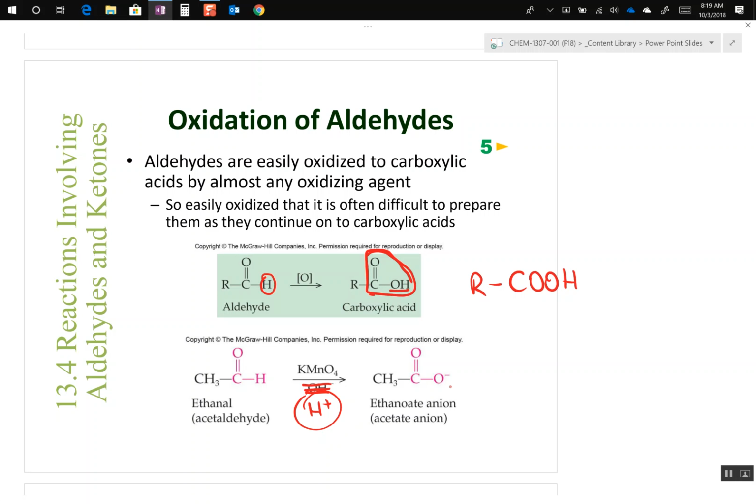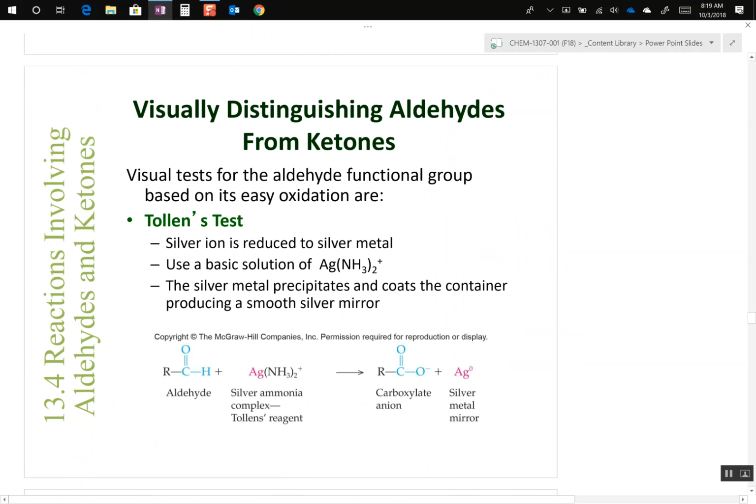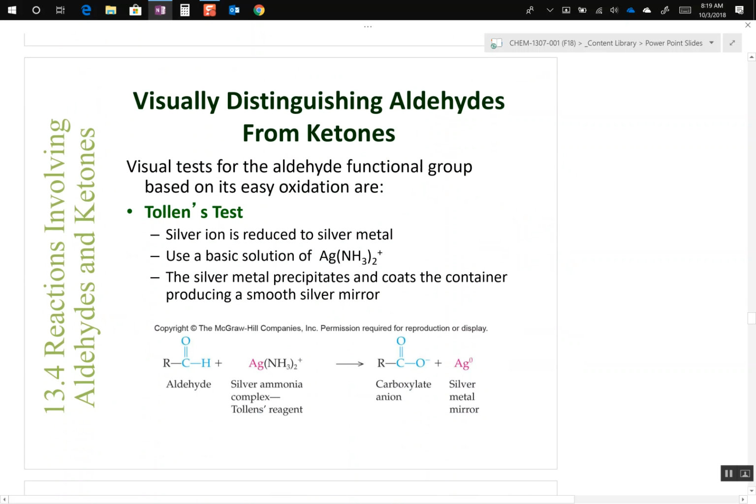We'll talk about that later. But that's a strange example. But that's what it's going to go to, right? This would be ethanoic acid, 2 carbons. It's an oic. Ic is how you end the name of an acid. And so this would be ethanoic acid, is what this would form.